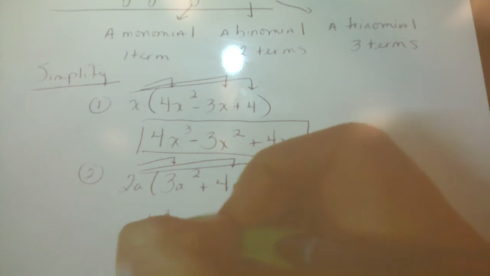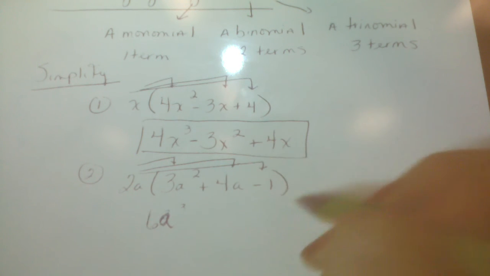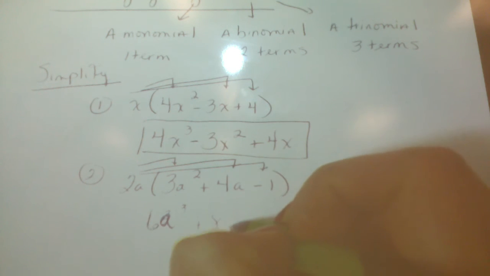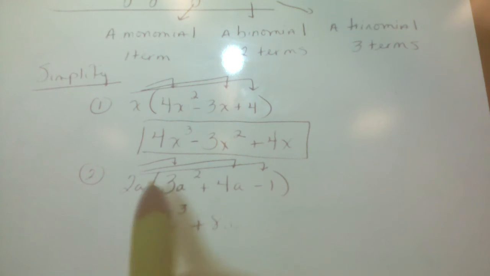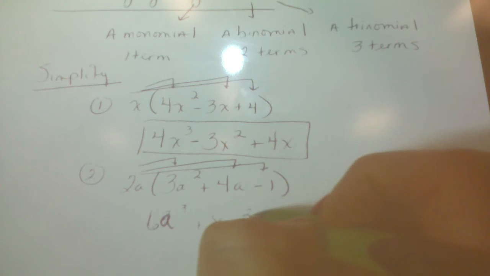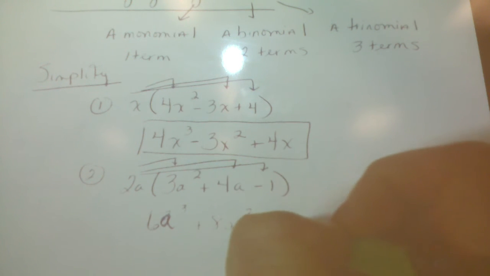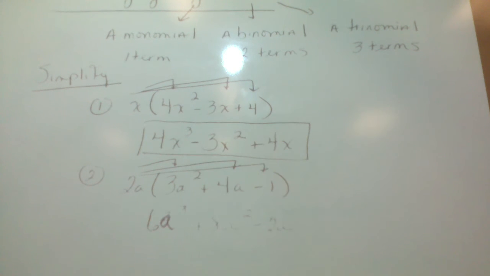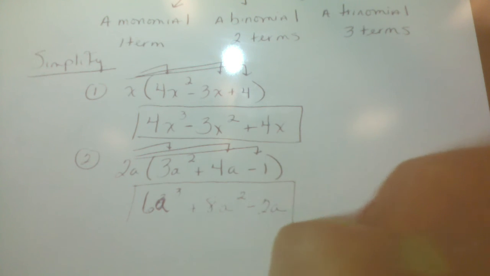We'll make that a cubed. 6a cubed. 2 times 4 is 8. And then I'm doing a times a, so that's 1 plus 1. That's giving us a squared. And then 2a times a negative 1 is a negative 2a. So 6a cubed plus 8a squared minus 2a. I don't have any like terms, so I know I'm done.